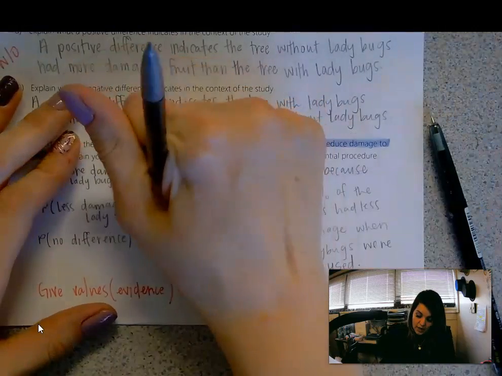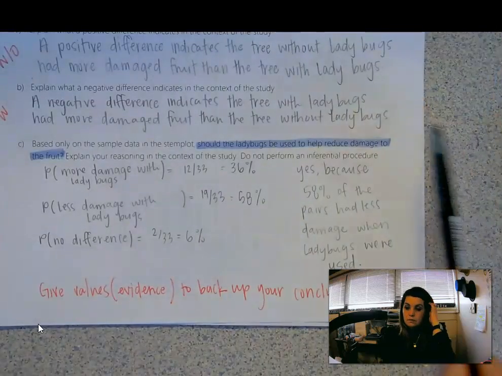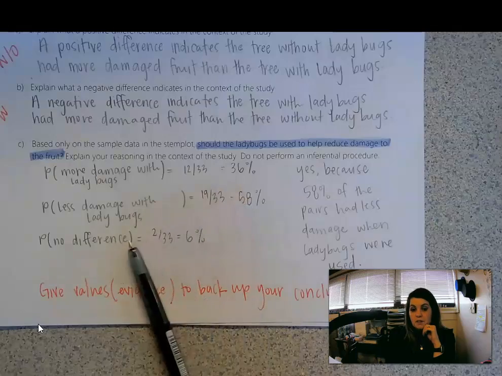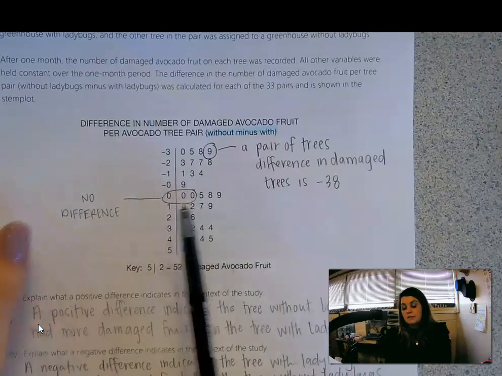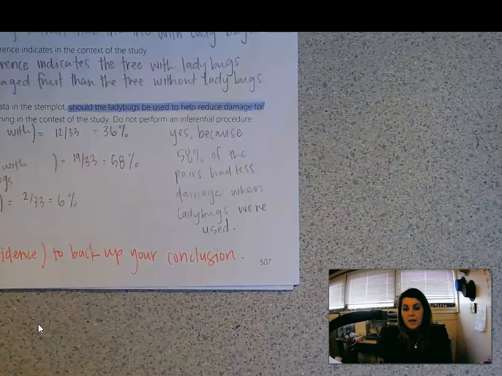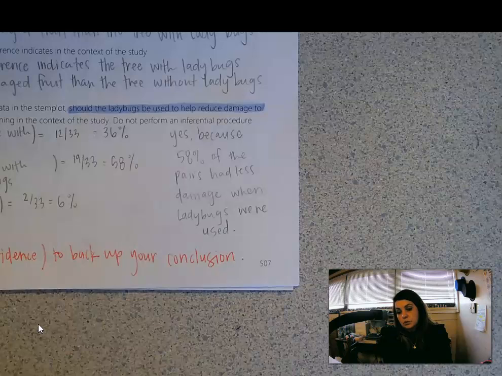So the trees with ladybugs had less damage. That was 58%. And then 6%, there was no difference. These two observations here, no difference. So I wrote yes because 58% of the pears had less damage when the ladybugs were used.